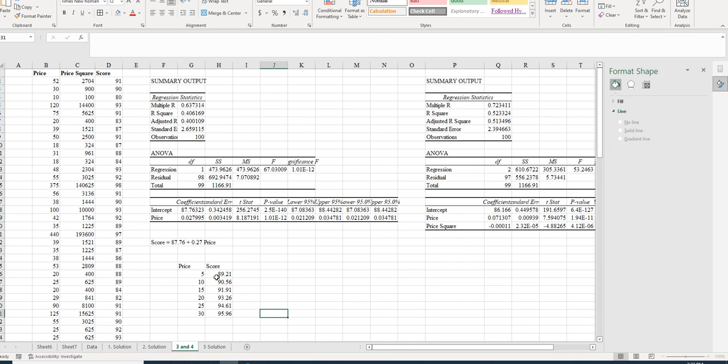Now we see, when we have a price of 5, the score that is achieved is 89.21. When we have a price of 30, the score of the wine that we are purchasing is 95.96. Now we see that as the price is increasing, the score of the wine is also increasing.